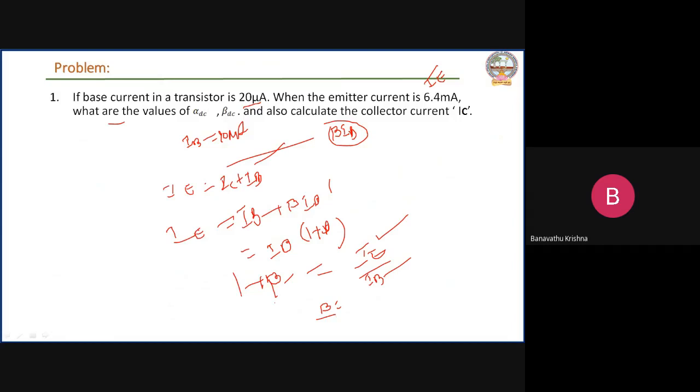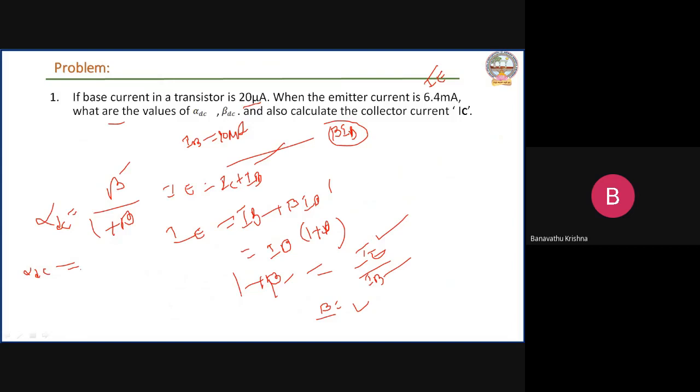Similarly, alpha DC equals beta by 1 plus beta. You know the beta value, substitute it in this equation, then you can get the alpha DC value.